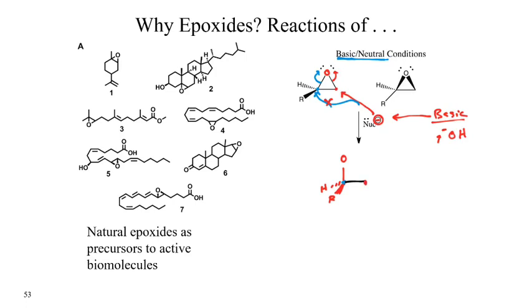What becomes particularly of interest here is a couple things. Number one, we've got a regiochemistry difference here. Note the nucleophile is connected to the least substituted position, and that oxygen of our epoxide is connected to the most substituted position. So there's a big regiochemical effect here.